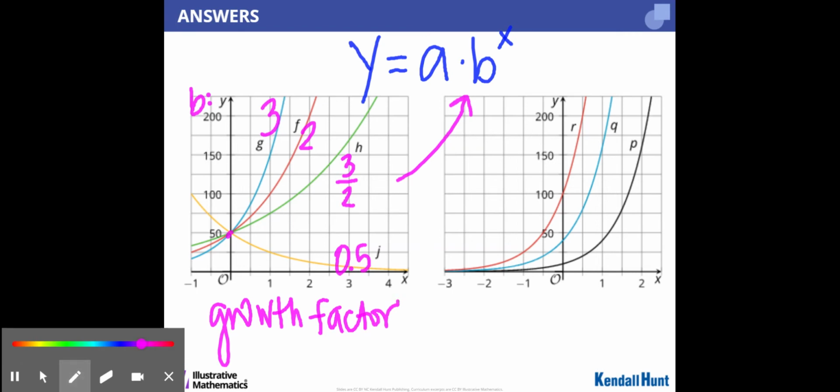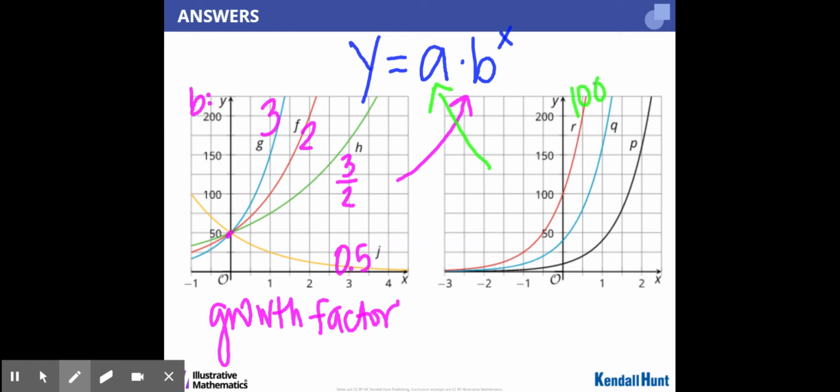Now, what's interesting is that when we look at this a value, on these graphs, when you looked at those on Desmos, the only thing that changed was a. So for r, it was all times 4 to the x, but r started with 100 times 4 to the x, Q started with 40 times 4 to the x, and P started with 10.